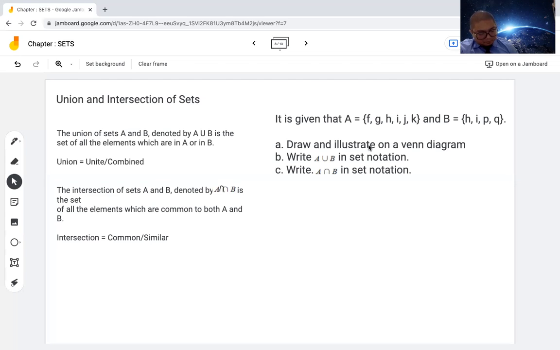As you can see, there are some elements that are common to A and B. However, B is not a proper subset of A, so these two sets are going to intertwine each other. Okay, so I'll just write A and B here.